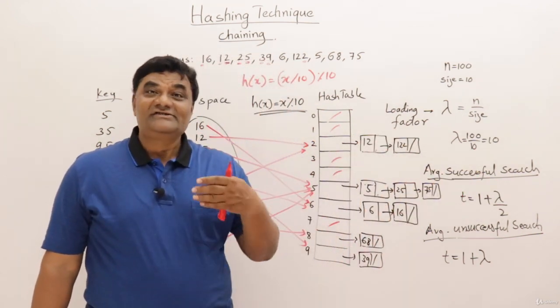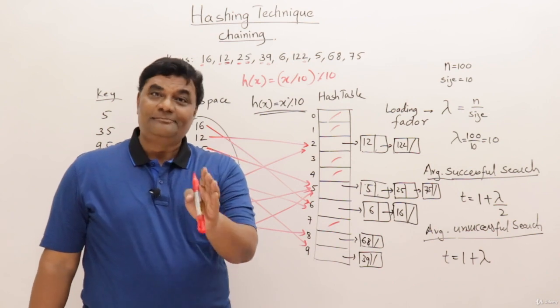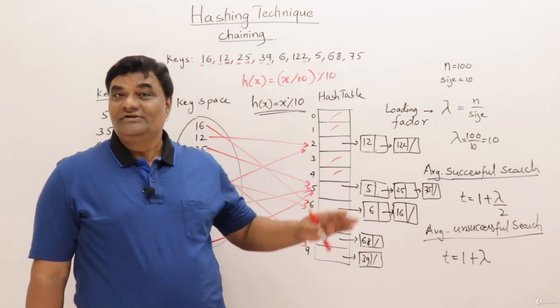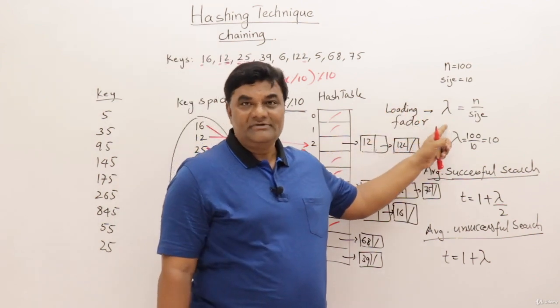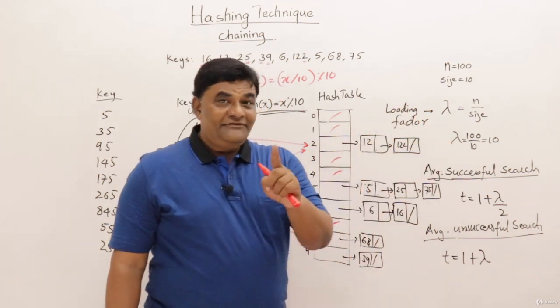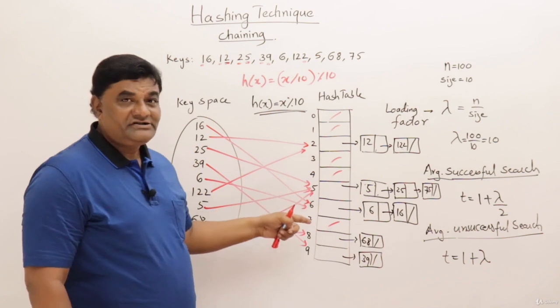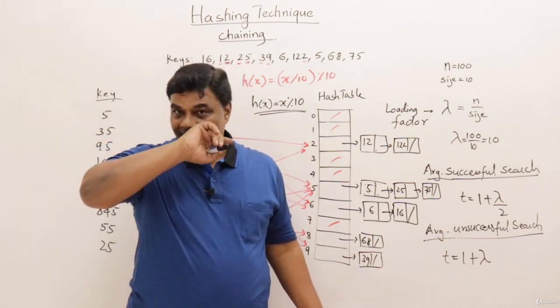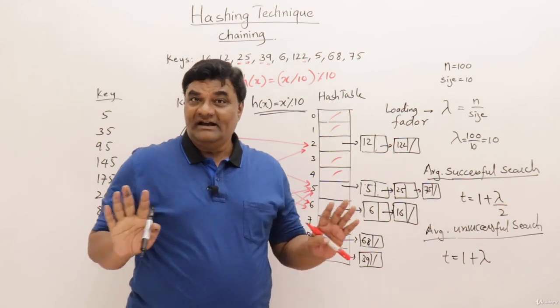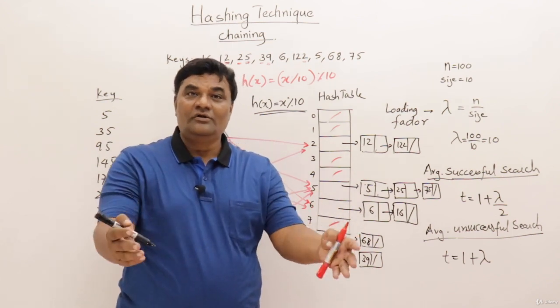So we assume that you have selected a proper hash function which is uniformly distributing the keys. That's why we do the analysis based on lambda. If you are not selecting a proper hash function, you don't know hashing. Don't blame the hashing technique. You don't know how to use hashing.